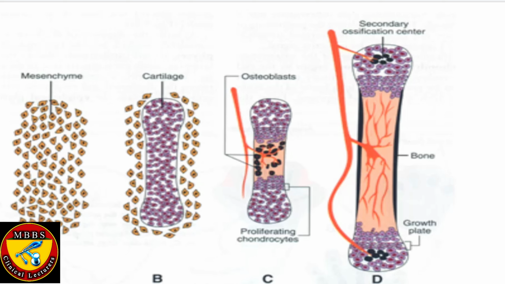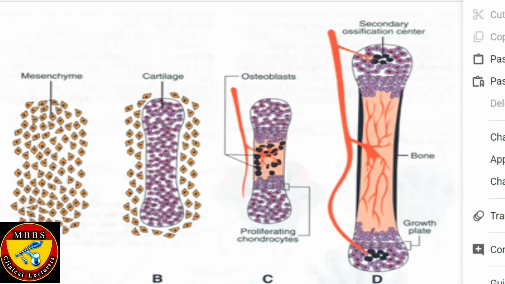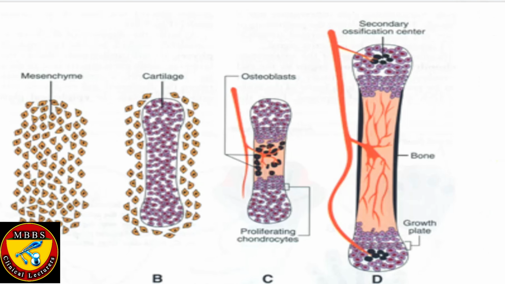You can see over here the primary ossification center has started, and slowly and gradually a secondary ossification center appears at the epiphyses, and they also start to form the bone, and what remains in the center is the epiphyseal growth plate between the primary and the secondary ossification centers.